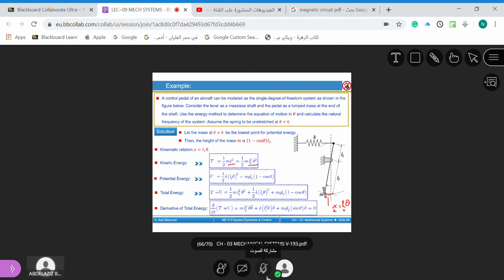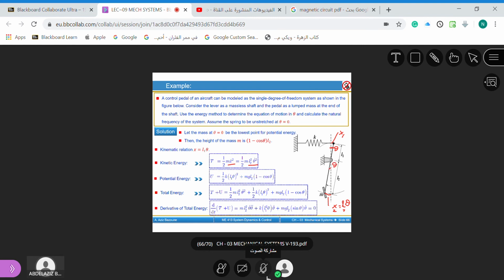x1 here, x2 here. This small deformation here, for the spring, I'm writing half K x1 square. This is x1. So x1 will be L1 times the same angle theta. This is theta. The same angle theta. It's the same.